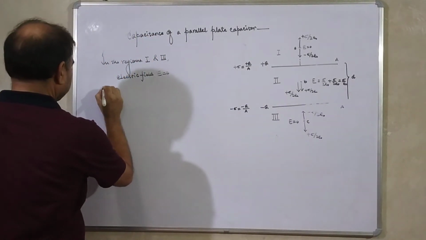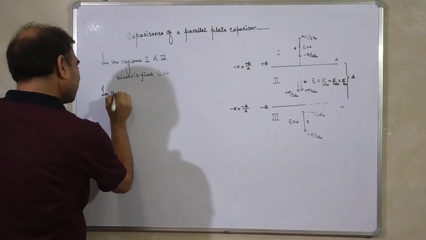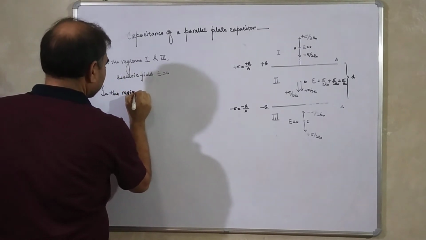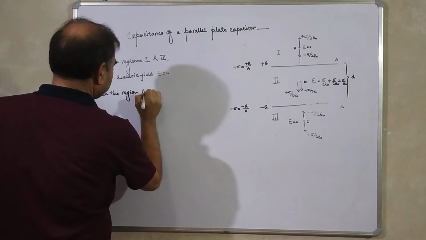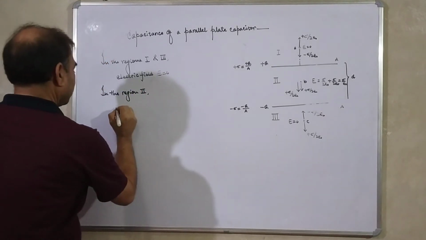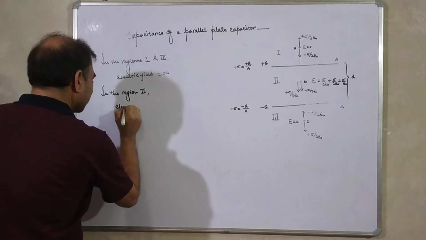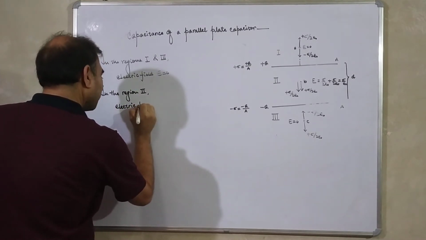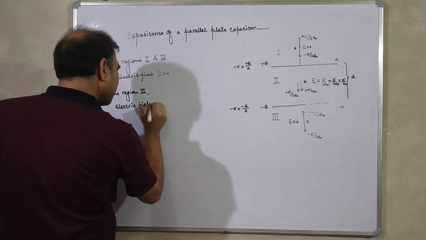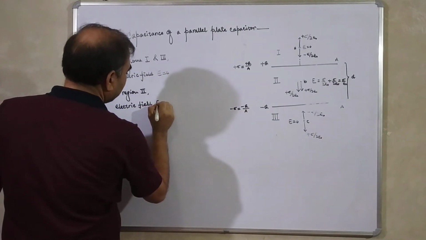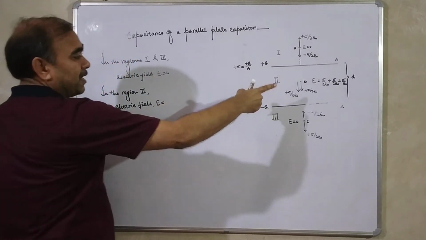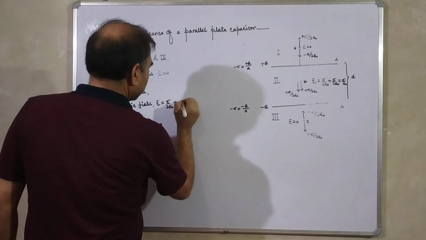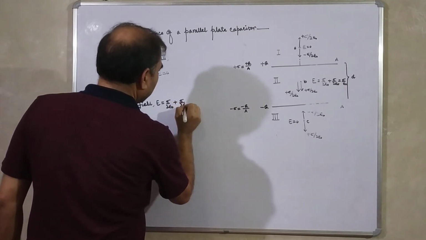Now, in the region second, electric field E is equal to, see here, sigma by 2 epsilon naught plus sigma upon 2 epsilon naught.